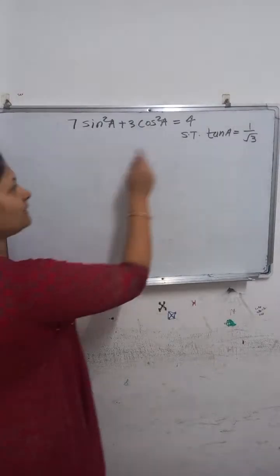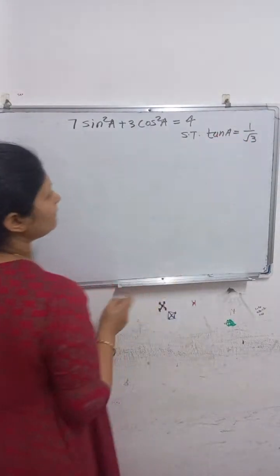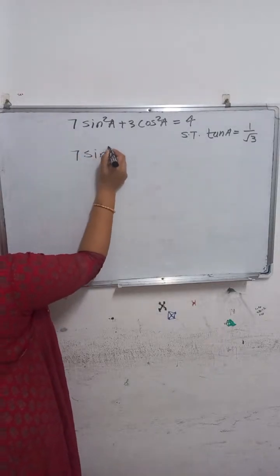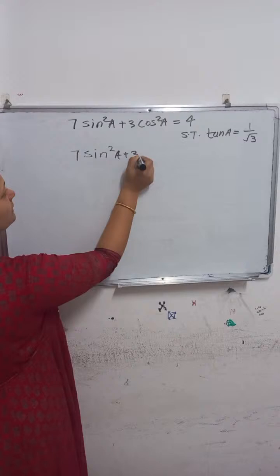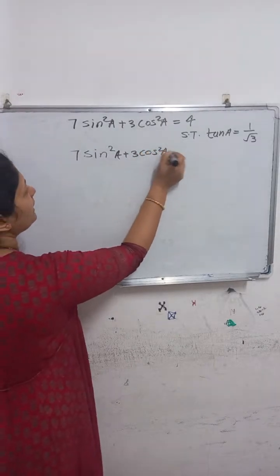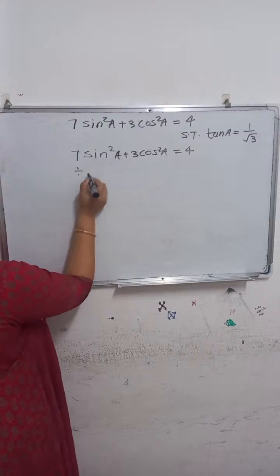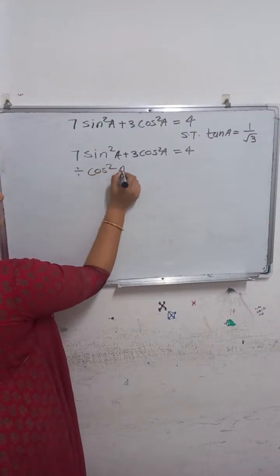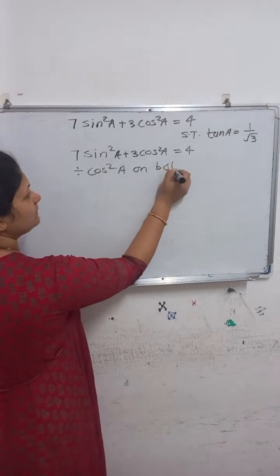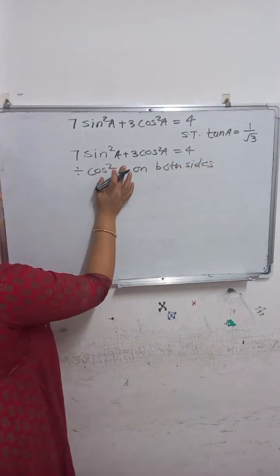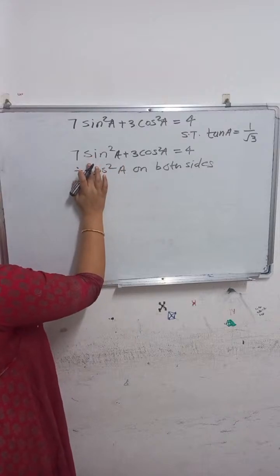So here the requirement is tan A is equal to 1 by root 3. So first you can write down this equation. 7 sin square A plus 3 cos square A is equal to 4. Then what I will do, I will divide by cos square A on both sides. Why? Because if I divide by cos square, then sin square by cos square is tan square.